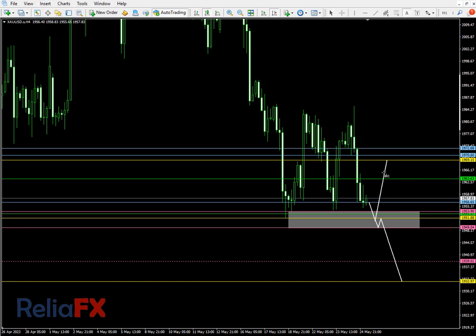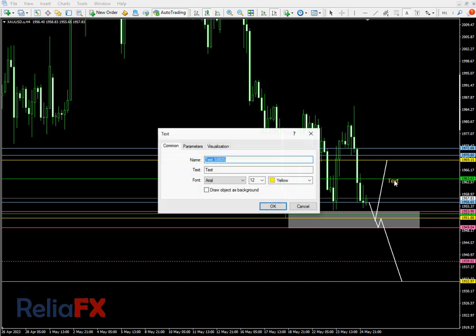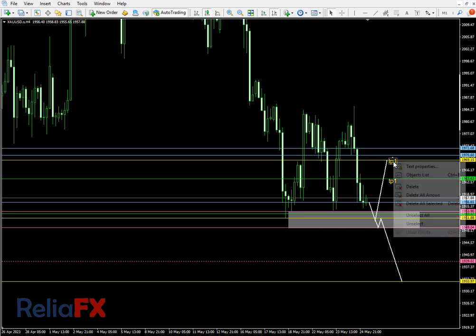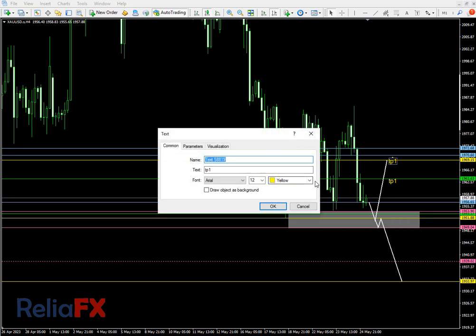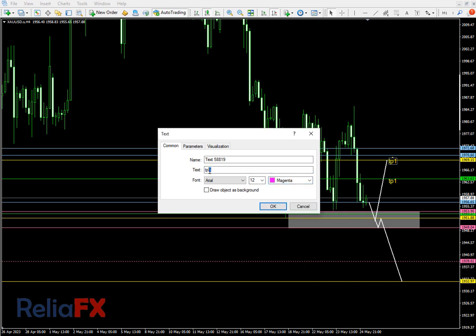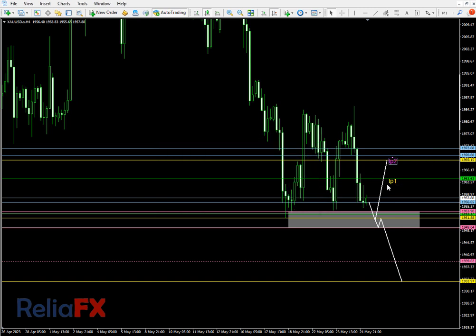Let me put TP1 here, and let's also put a TP2 here, to show you clearly what I'm saying. So this is what we have for TP1 and TP2.